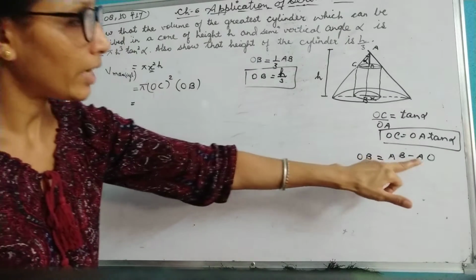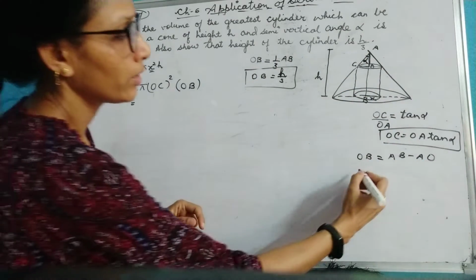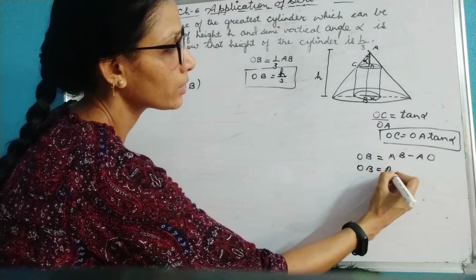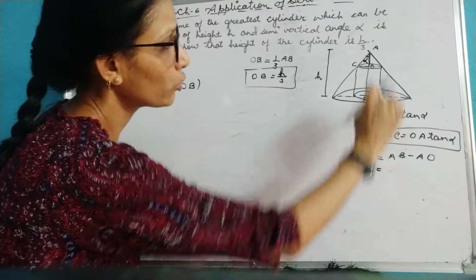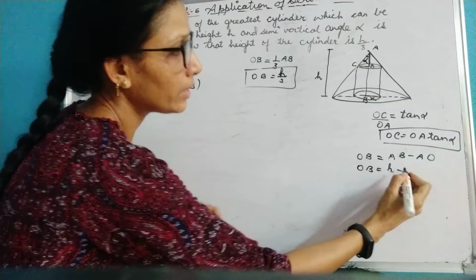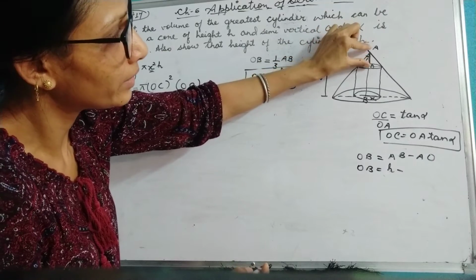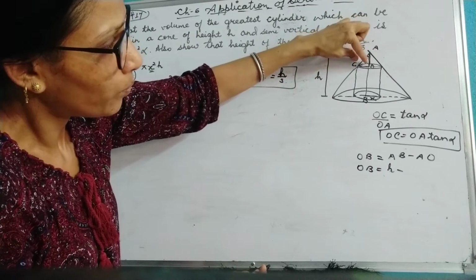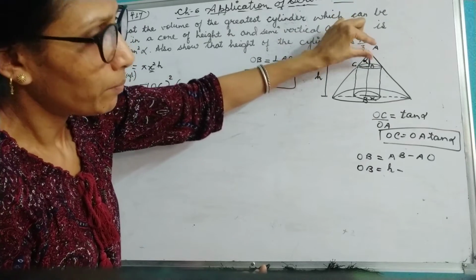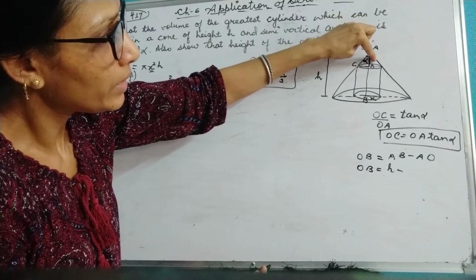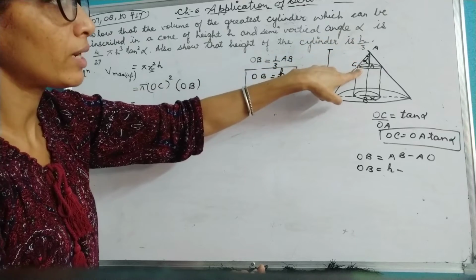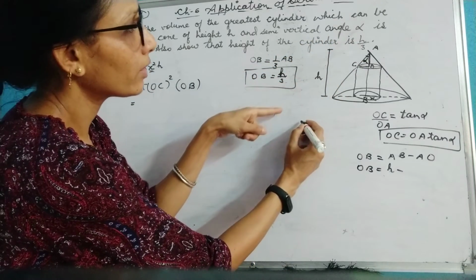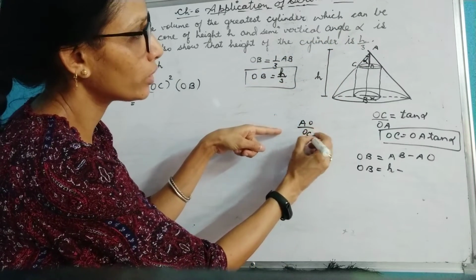Okay, and this AO can be calculated as OB minus AB, which is actually H minus. Now this AO can be written as AB upon OC, that means B by P. I am taking cot alpha, AO upon OC.